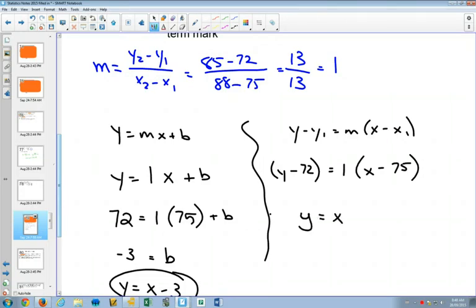Distribute that one, and you would get y equals x minus 3 as well. So with the one, you have to plug in any point to find out what b is. The other one is in a format where you could put in a point and the slope. If you rearrange it, you could find out what b is, but you wouldn't have to rearrange it. You could leave it in that form as well.